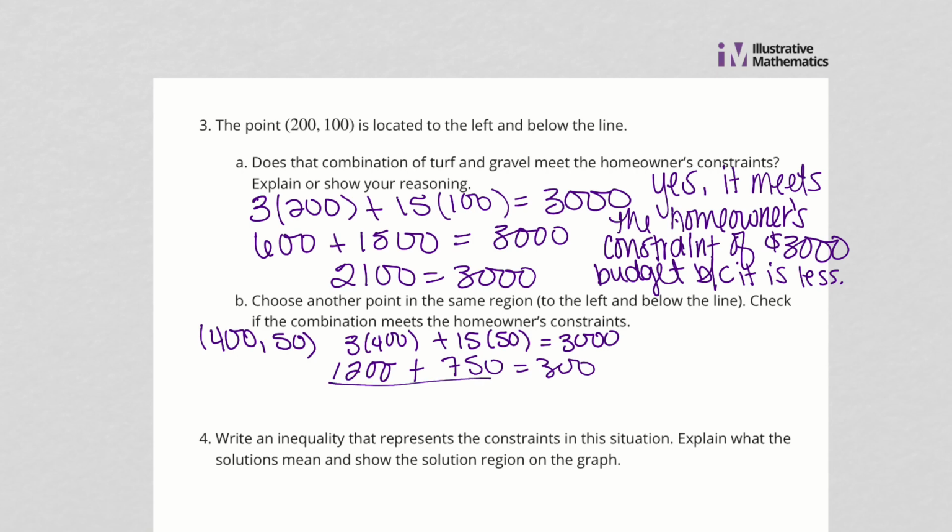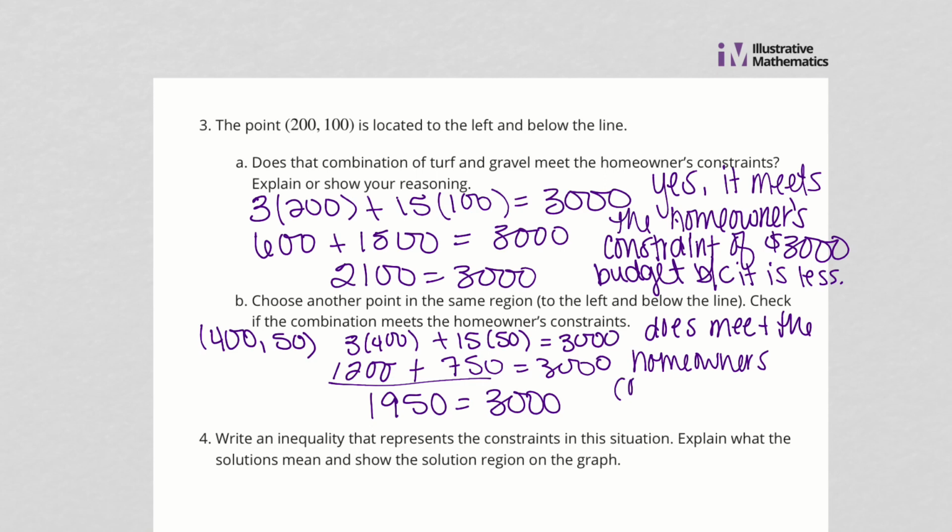So we're going to add those two together, and we're going to get 1,950 versus 3,000. So it does meet the homeowner's constraint because it is less than $3,000.